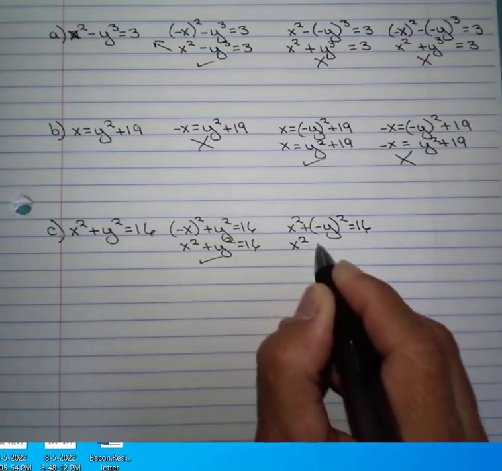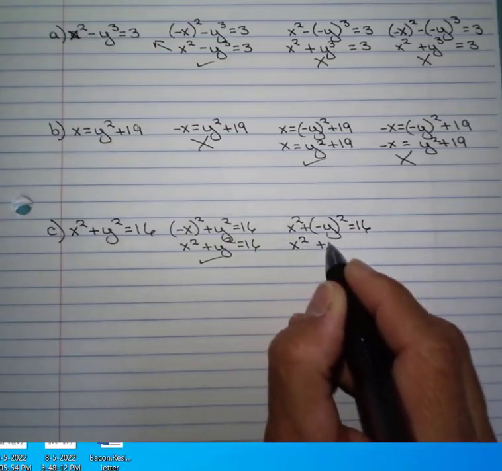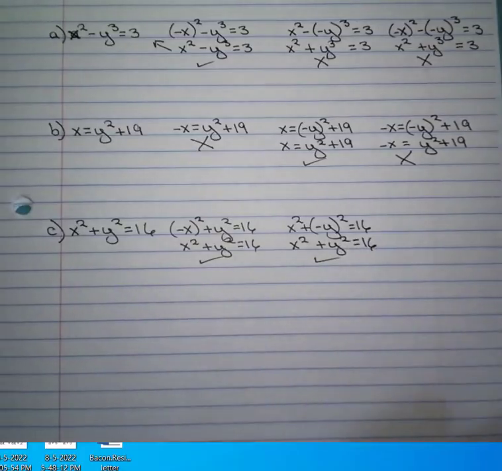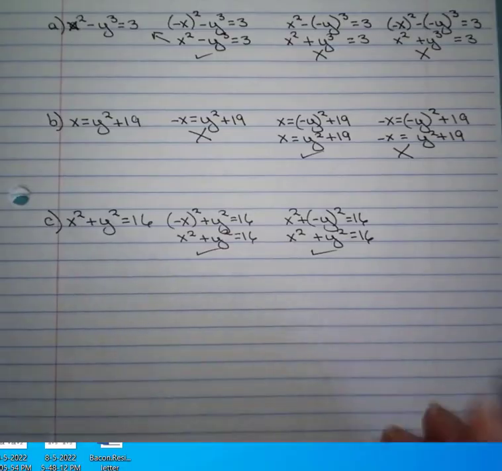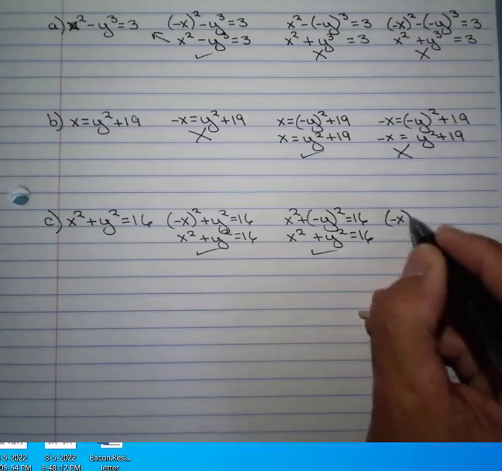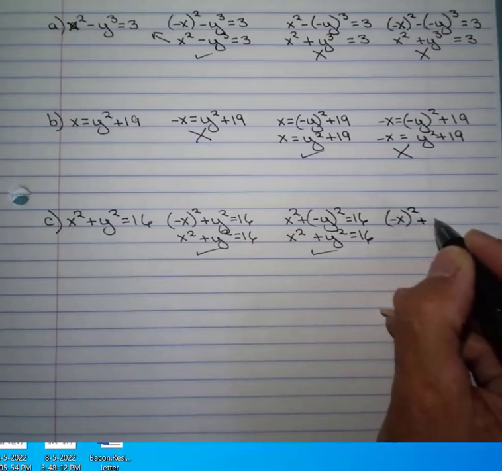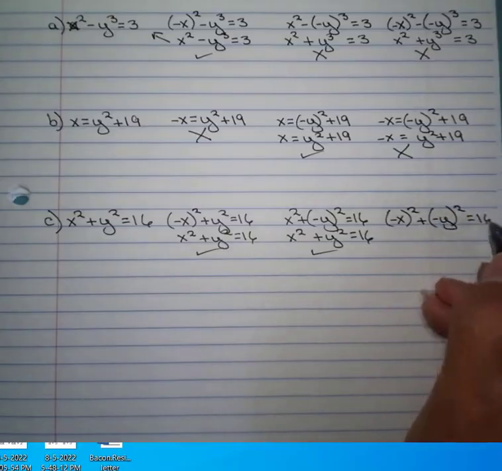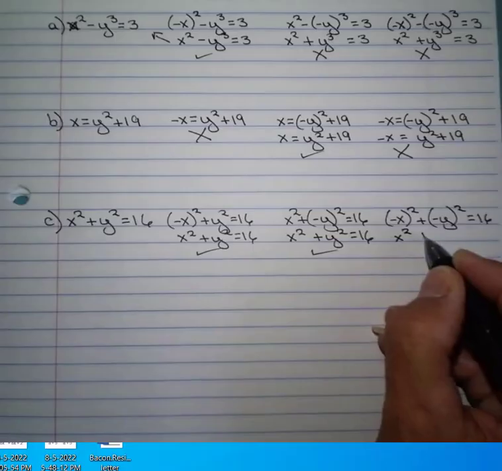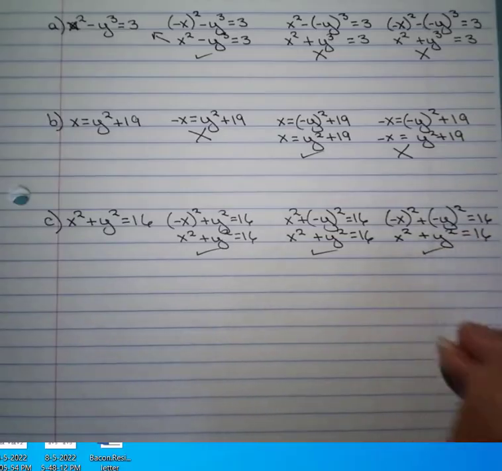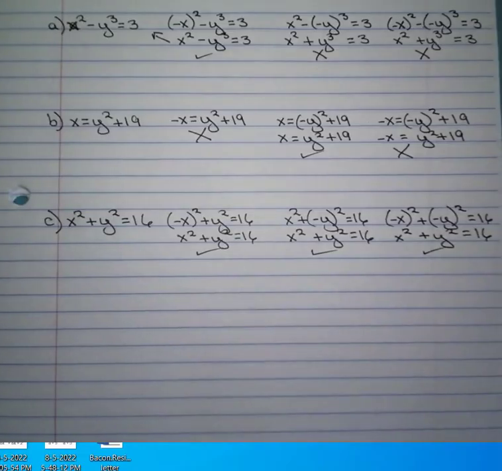And I get x squared, once again, negative times negative gives me that positive y squared equals 16. And yes, it does have x-axis symmetry. So as you can guess, the both is going to also work for me. I'm going to say negative x squared plus negative y, and then I square it, equals 16. And this becomes positive x squared, and this becomes positive y squared, and that's 16, and it does also have origin symmetry.